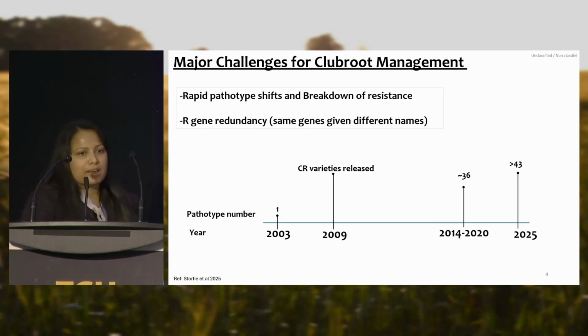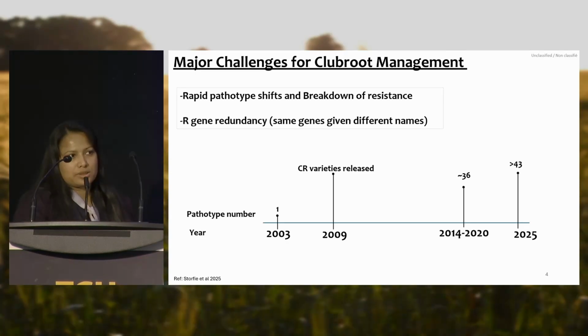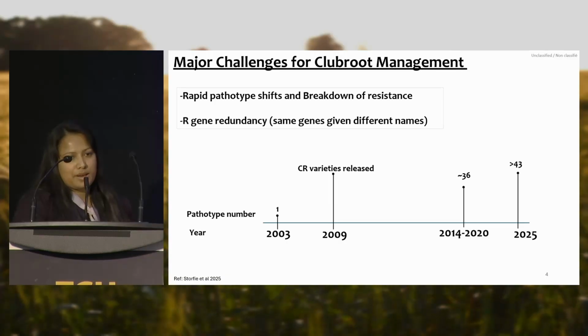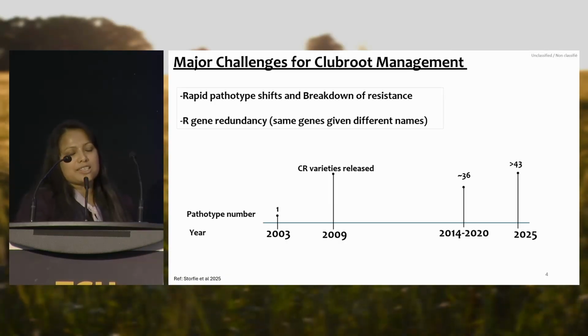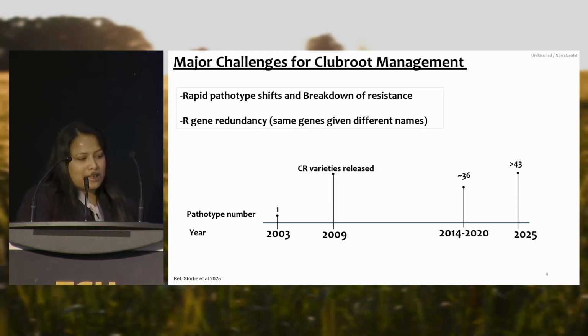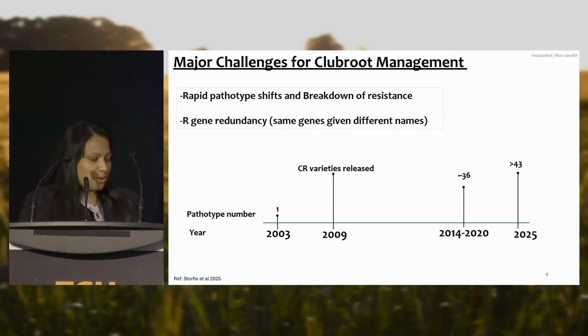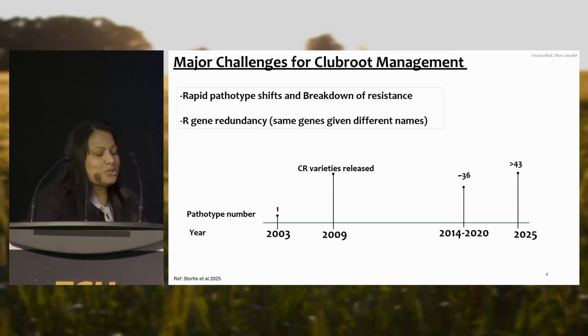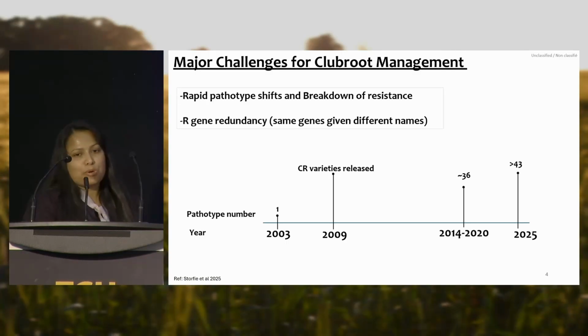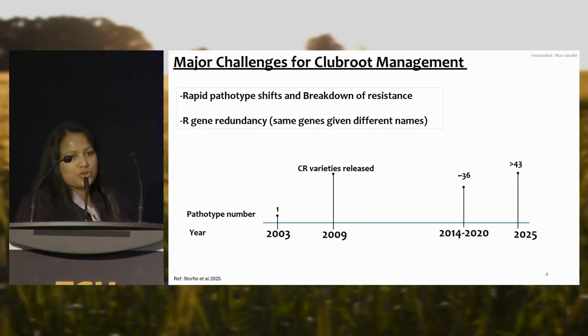It means that we don't have as many unique R genes as we thought, and that's why resistance keeps failing. So this also tells us that we need another approach besides the R genes.